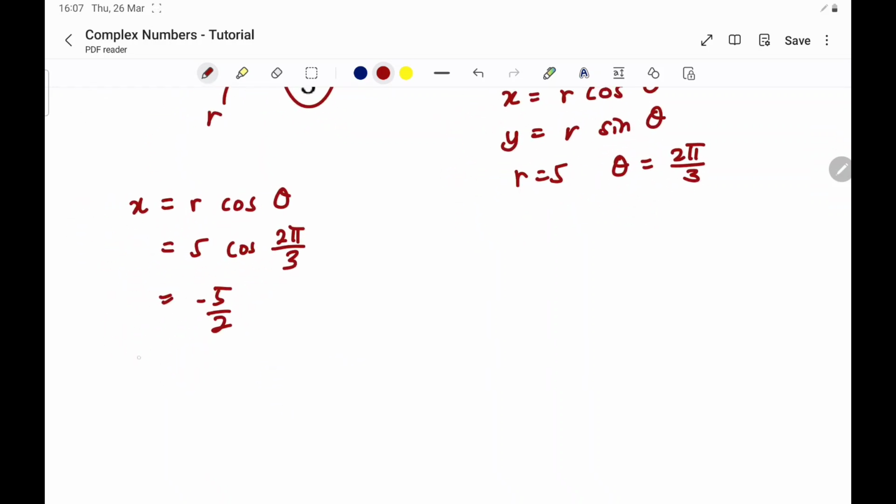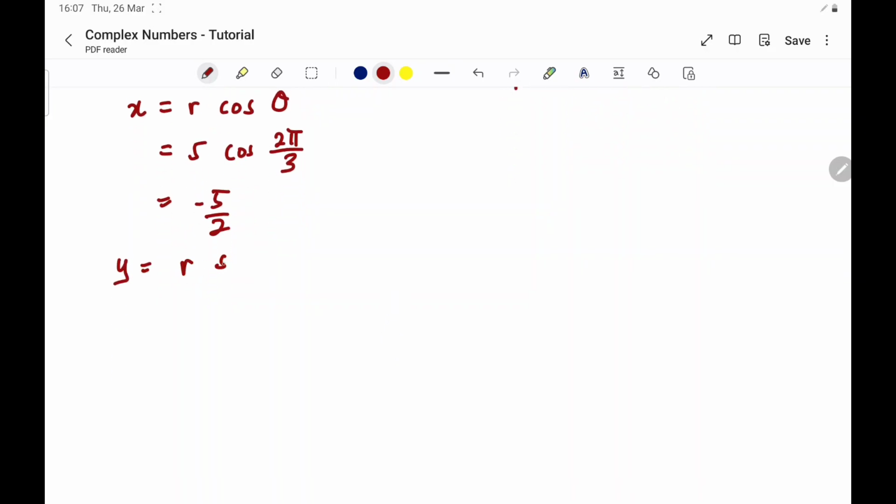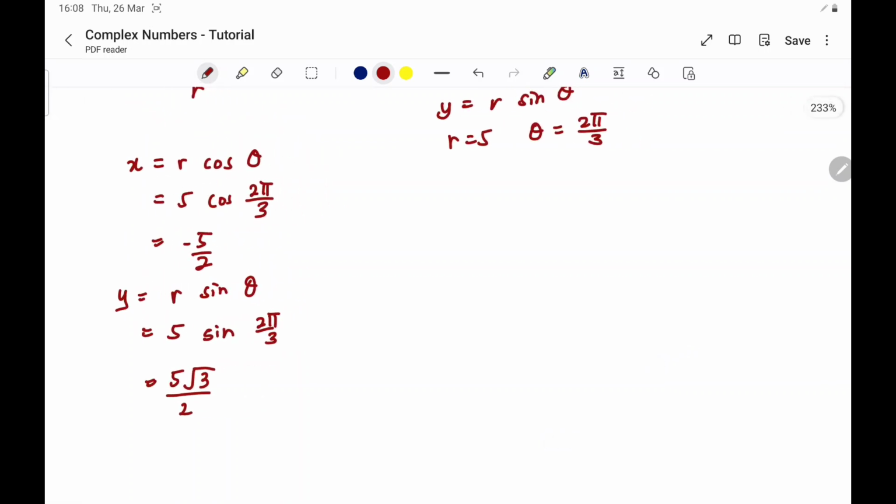Okay, for y you have to get r sin theta, which is r is 5 sine 2 pi over 3. Then you're gonna get 5 square root 3 over 2, or 5 over 2 square root 3. Okay, so this is your x and y.